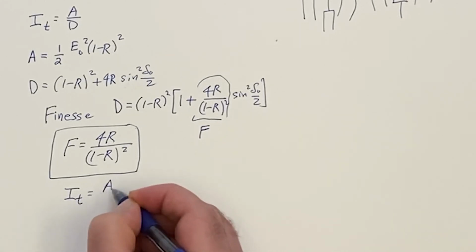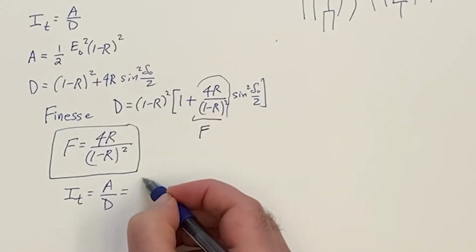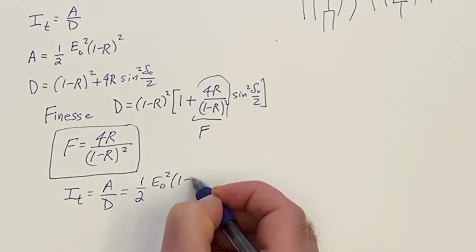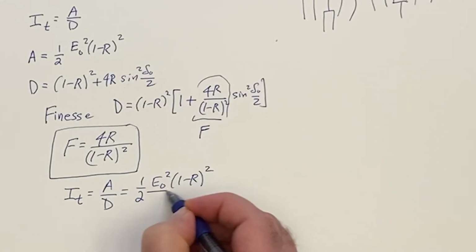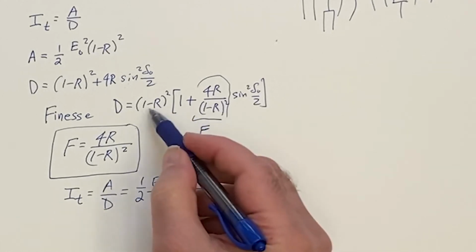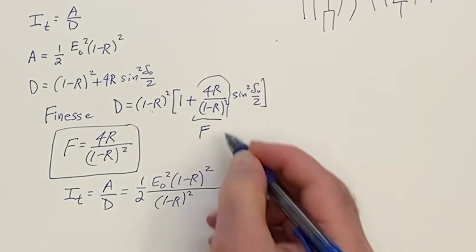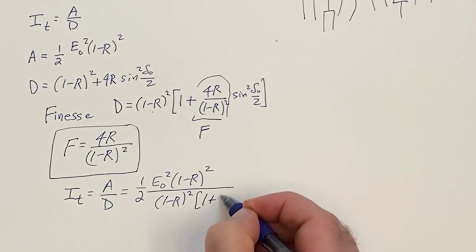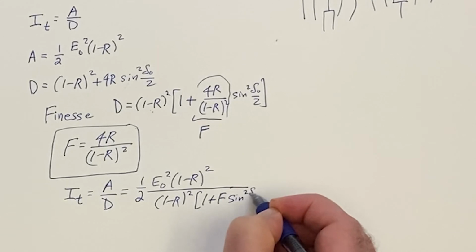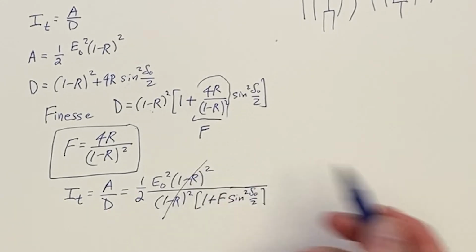We want to take the A and divide by the D. So the A is 1/2 E naught squared, 1 minus R quantity squared, and then divide by the D. The D is, see, we had pulled that out. That's going to be nice. That's going to cancel in a second. And then we have 1 plus F times the sine squared delta over 2. Nice result. This is going to cancel.